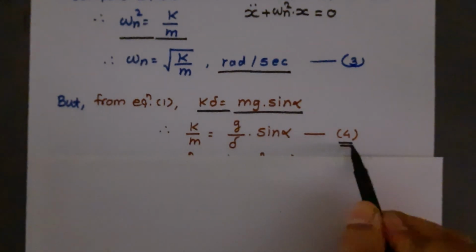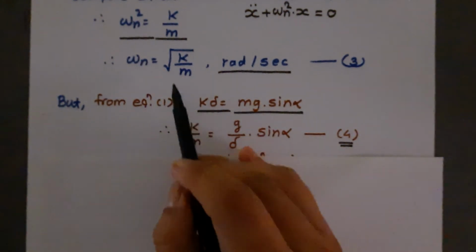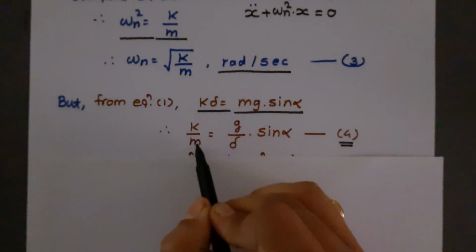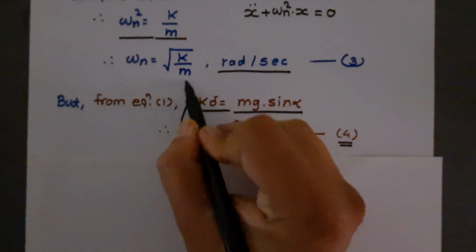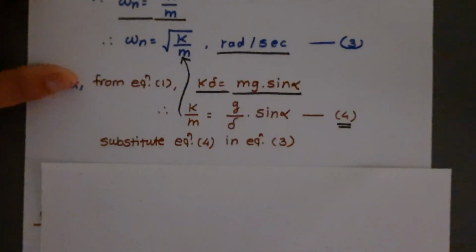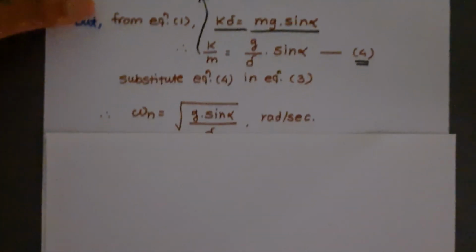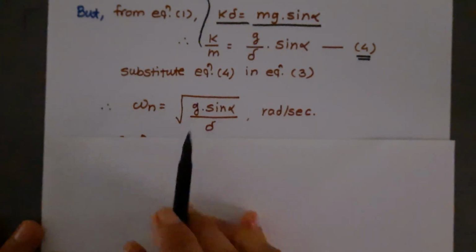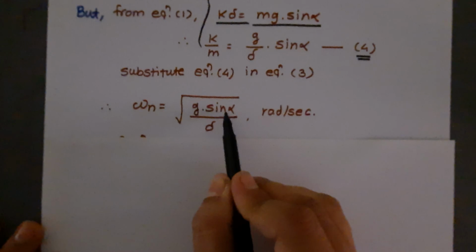I label this as equation number 4. Now we have omega n is equal to under root k upon m, so I put this k upon m value in this equation, that means substitute equation number 4 in equation number 3. We have omega n is equal to under square root of g into sin alpha upon delta.